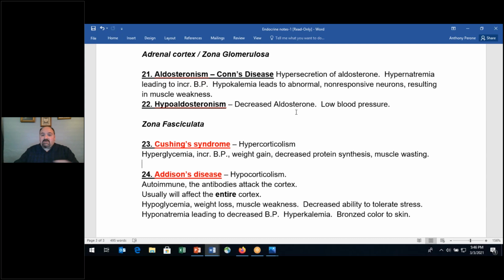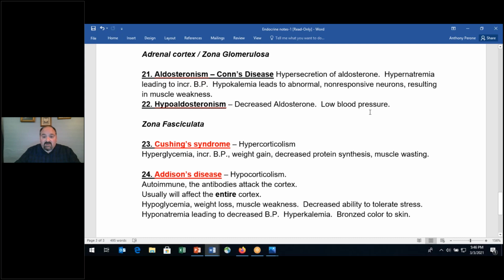Increase blood pressure. Okay, not good. It can also result in non-responsive neurons, so a hyporeactive nervous system, also resulting in muscle weakness. So Conn's disease is a really nasty disorder.